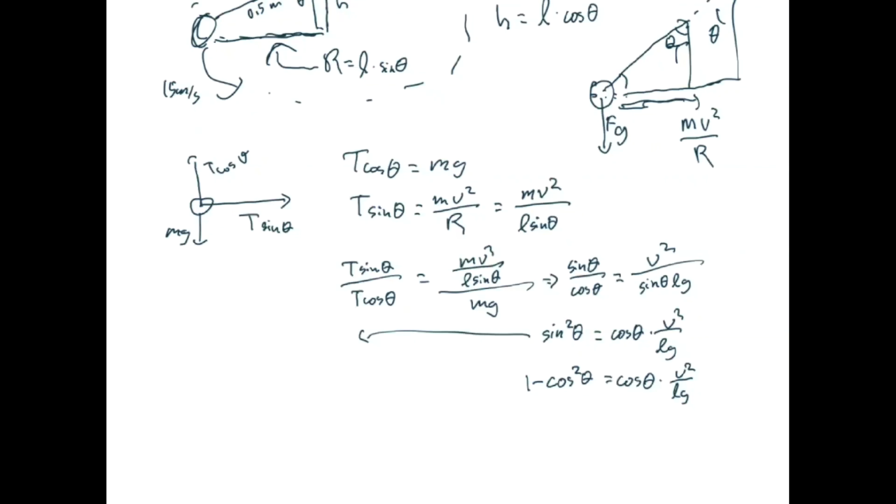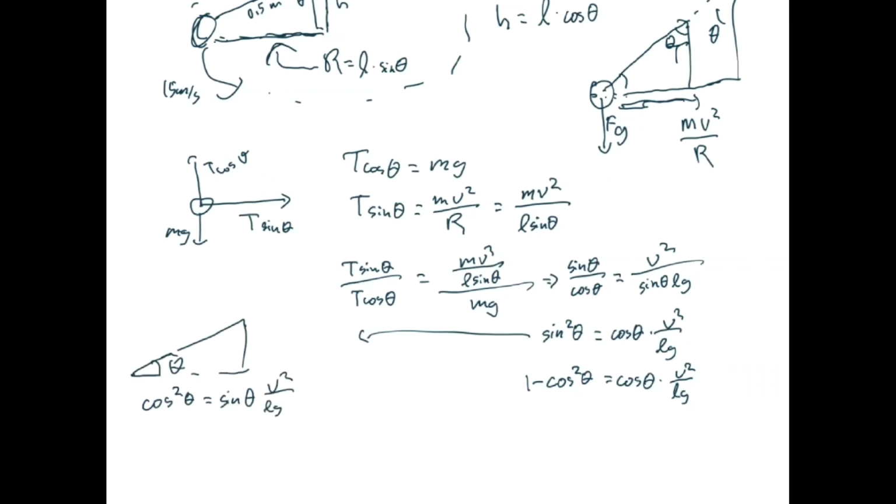For small angle approximations, I think we'll have to redefine our theta. So if we had instead defined our theta to be this angle, which is 90 minus our original angle, then we would have gotten cosine squared theta is equal to sine theta times v squared over Lg.